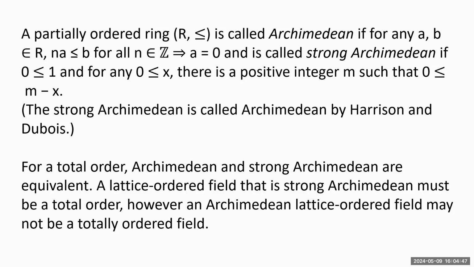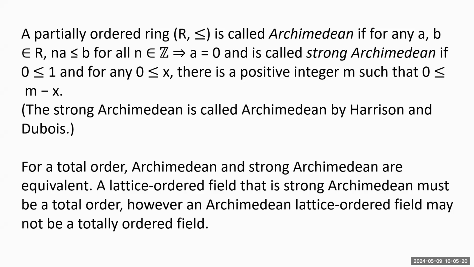This strong Archimedean is called Archimedean by Harrison and Dubois. But I believe the earliest definition of Archimedean I know is from Birkhoff's book, Lattice Theory, so that's around the 1940s. That's the earliest I know. So I want to keep this terminology here, so I use strong Archimedean for what Harrison and Dubois call Archimedean.